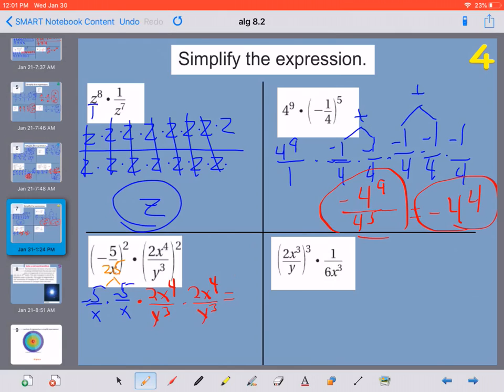And 2 times 2, that's 4. So 25 times 4 gives us 100. And x to the 4th times x to the 4th gives us x to the 8th. Down here we have 2 x's, so x squared, and y to the 6th. So now we could simplify these by taking away some of our x's. X to the 8th minus x squared would make 100 x to the 6th over y to the 6th.